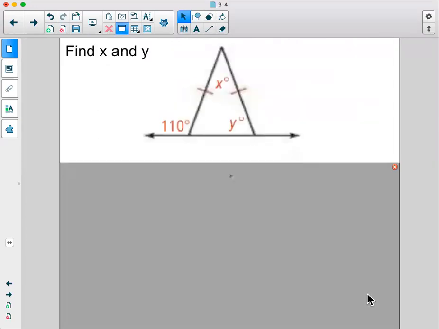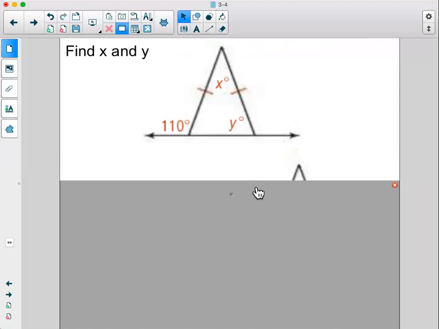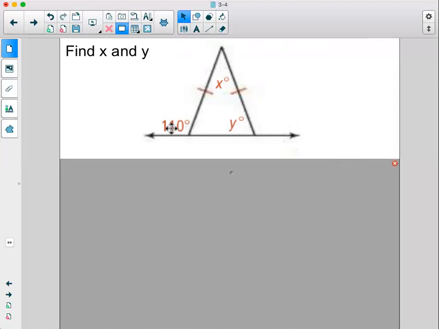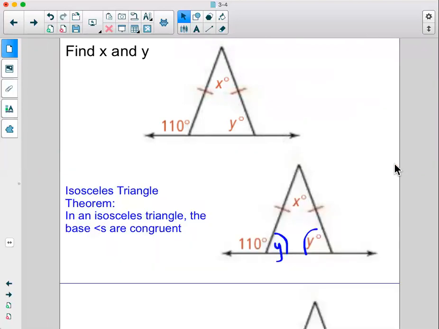Pause, find x and y, and then press play for the solution. We can start by recognizing that this is an isosceles triangle. So these are the legs and this is the base, which means these are the two base angles. Now, we can also use our knowledge of linear pairs, always being supplementary.